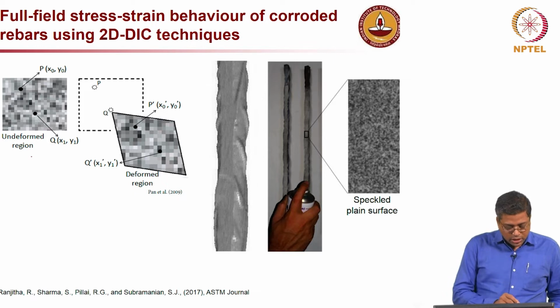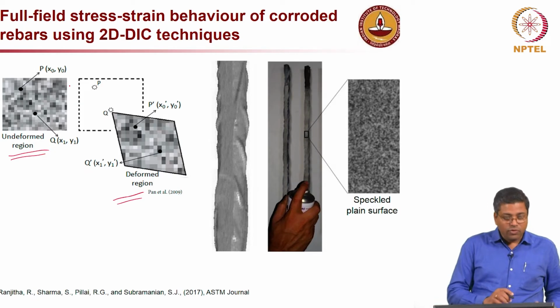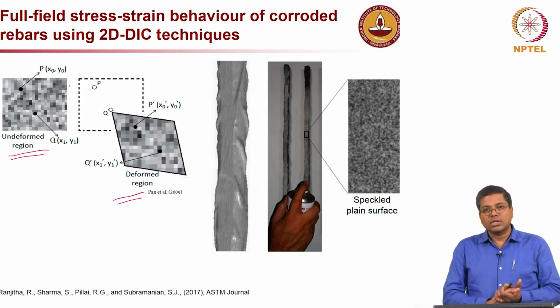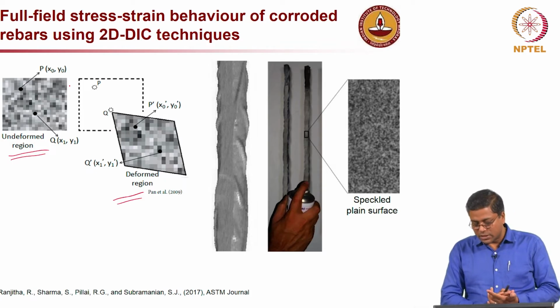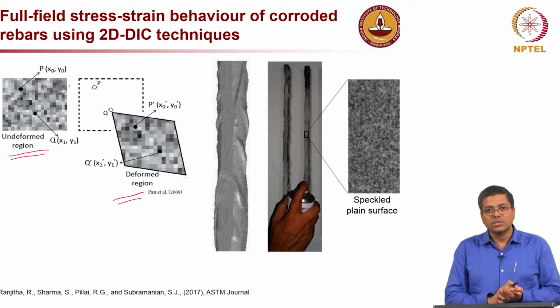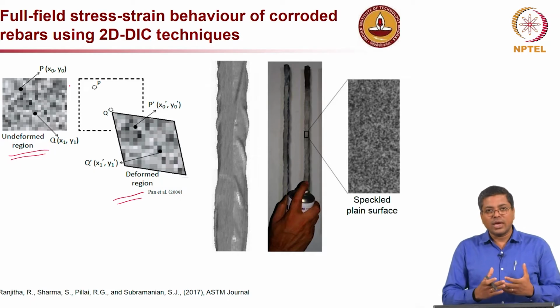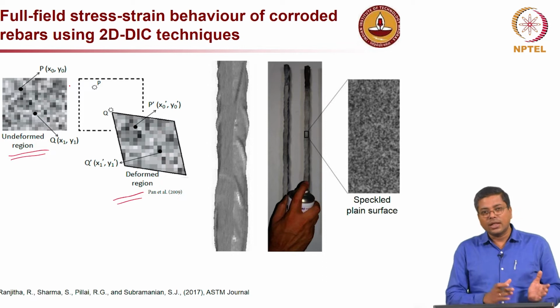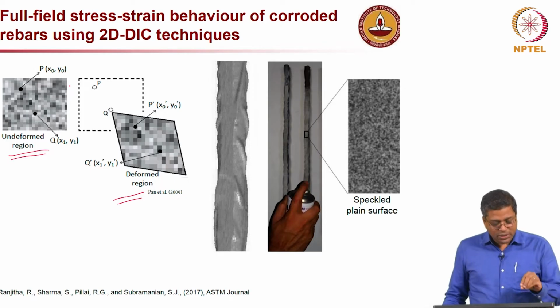So you can see here digital image correlation. Here you have undeformed region and then the deformed region. So basically the idea is, in the undeformed region, or before the testing starts, you apply a black and white speckle surface. Basically you have a black surface and on top you spray white paint, white speckles, and then you take an image and read it pixel by pixel.